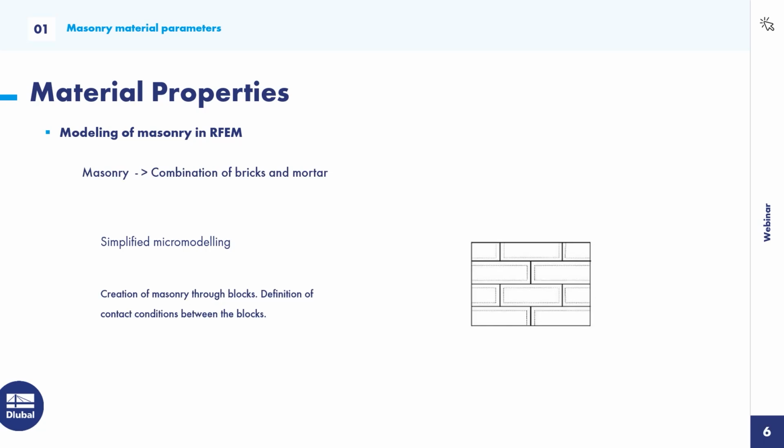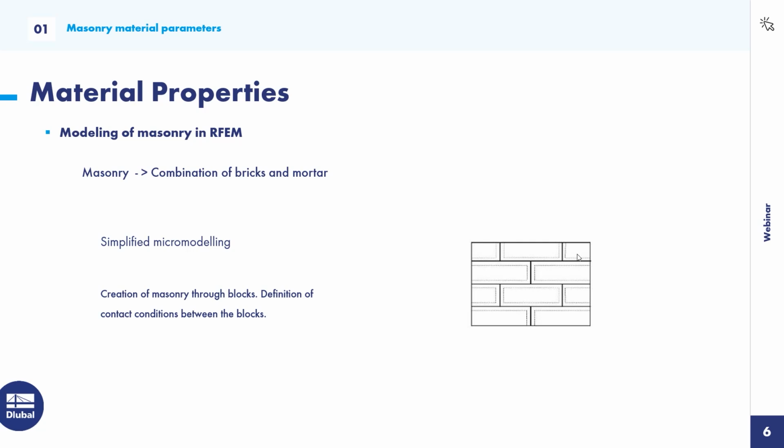A second part would be called simplified micromodeling. Here it's a little bit easier. The combination of bricks and mortar is created in this way that only one element is created for a brick, and between the different bricks or blocks contact conditions are defined.